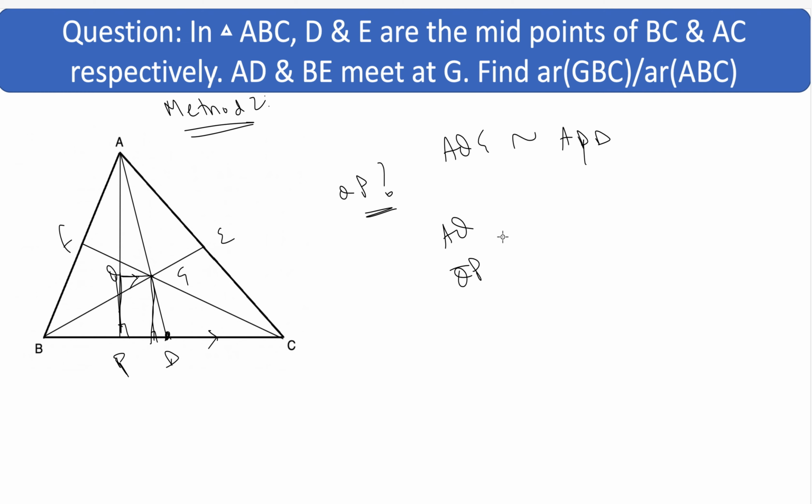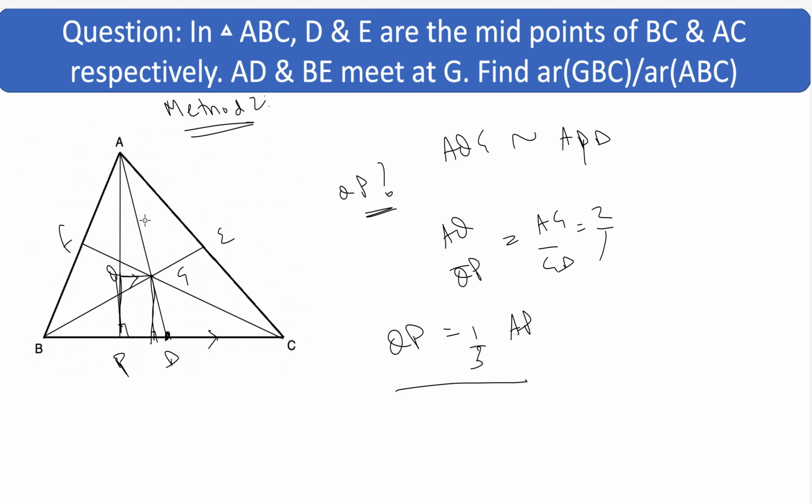AQ by QP is equal to AG by GD. AG by GD we have already proved is 2:1. Okay. So AQ by QP becomes 2:1. So AQ is two parts, QP is one part. Or you can say that QP is one out of three parts of AP. You can do that either intuitively or by equation. So I'll straight away write QP is 1/3 of AP.